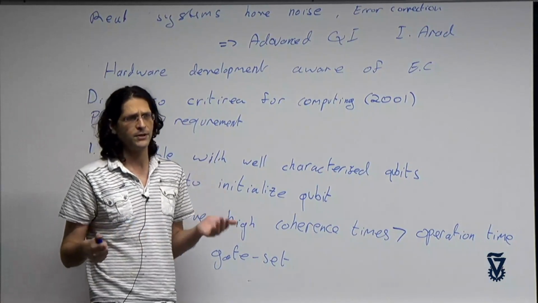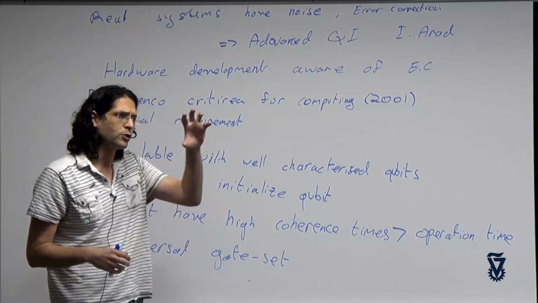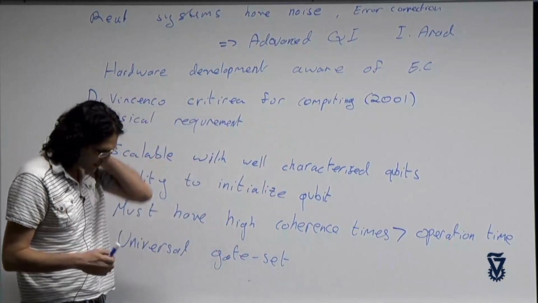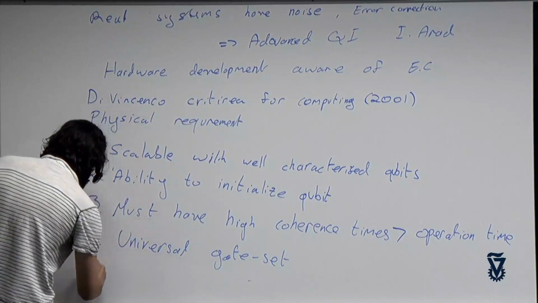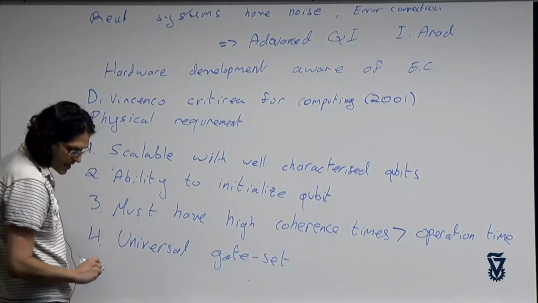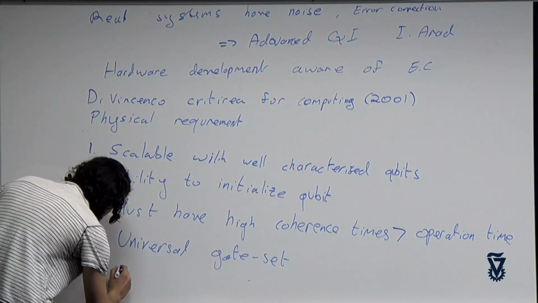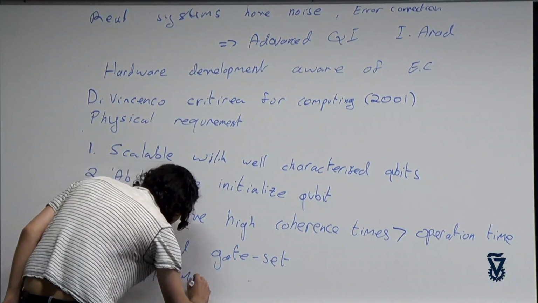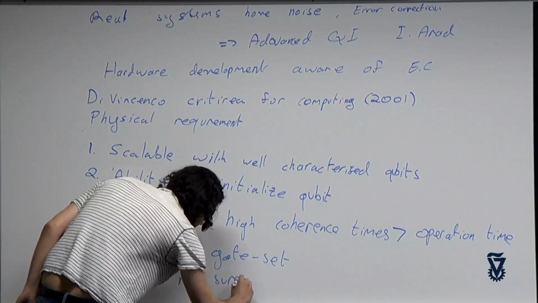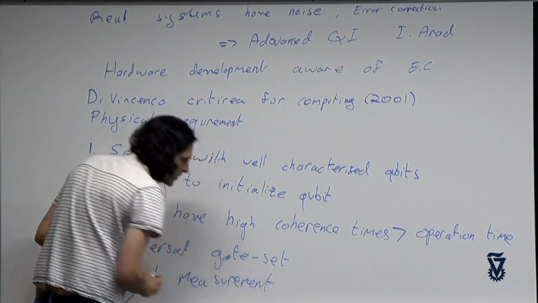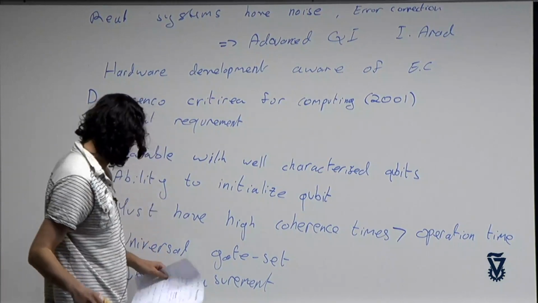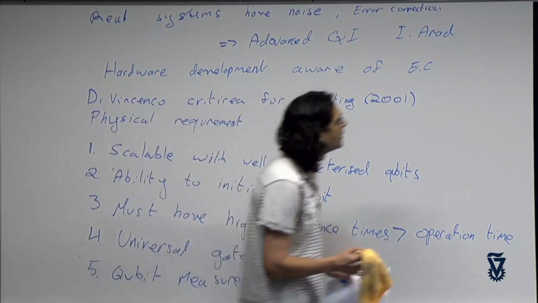The typical simplest universal gate set is full control over a single qubit and some two-qubit gate. Number 5 on the DiVincenzo list is measurement. You need to be able to measure your qubit. So this is qubit measurement.